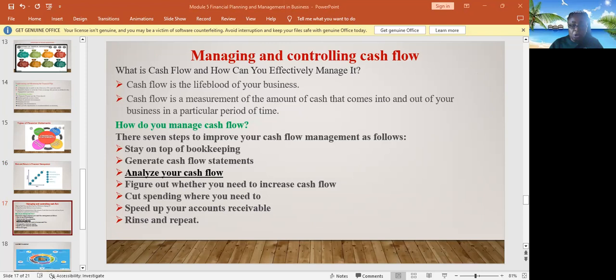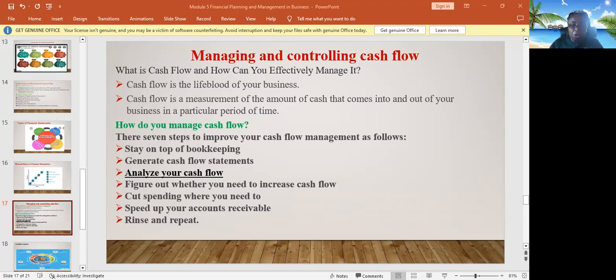Make sure that you record every transaction you make and know how much comes in and how much goes out. Very, very important. Without which you will not be able to manage your cash flow effectively.